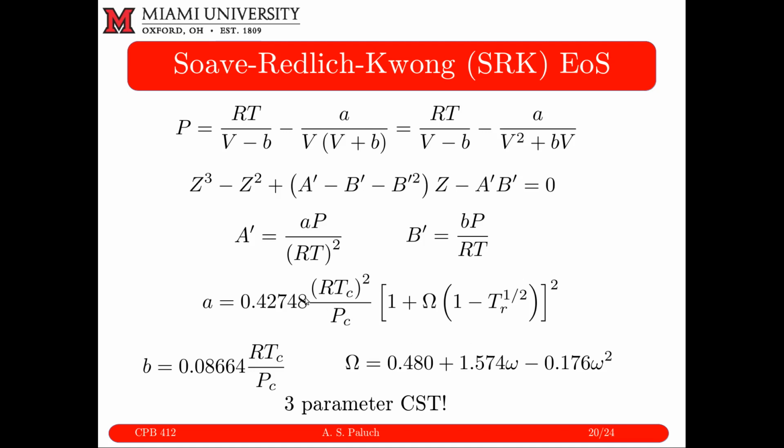So now we have a three-parameter corresponding states theory where little a, my attractive term, is also dependent on big omega, which is a quadratic equation with respect to little omega, my eccentric factor. This is the small modification that SRK made. With this it becomes a three-parameter corresponding states theory, where we introduced a dependence on the eccentric factor. And what do you know? SRK performs much better than van der Waals by the introduction of this third term.